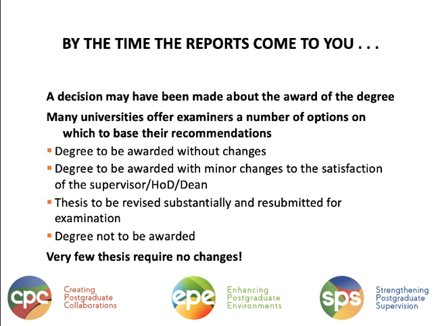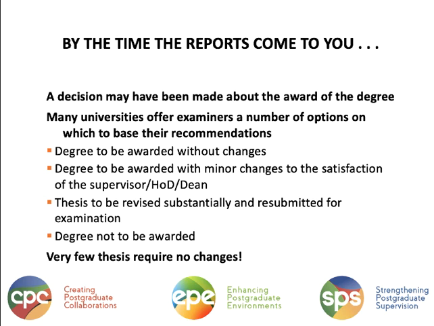And this generally means that there's at least 6 months to a year's work. And then you have to go through the whole process of submission again. Finally, the category of recommendation that you really, really don't want is that the degree should not be awarded.